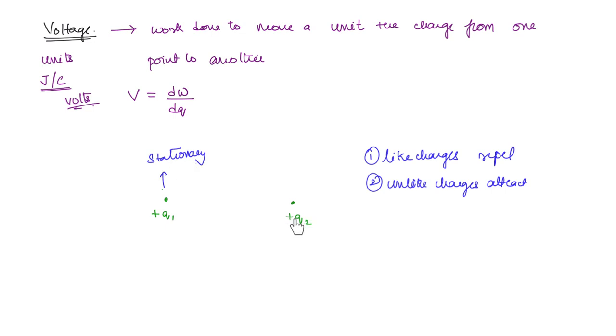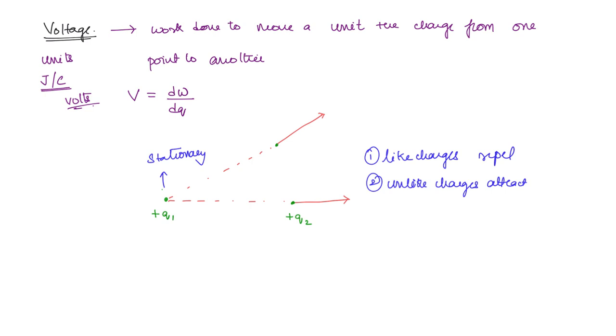So what will happen to this Q2? It will experience a force in the radially opposite direction, right? This is a straight line between the two of them, so the force experienced by Q2 will be in this direction. What about if it is placed somewhere here? Then also you draw a straight line and you will get the force direction.